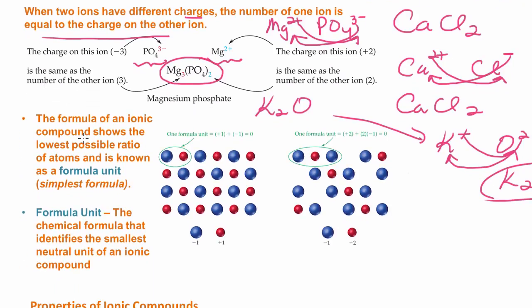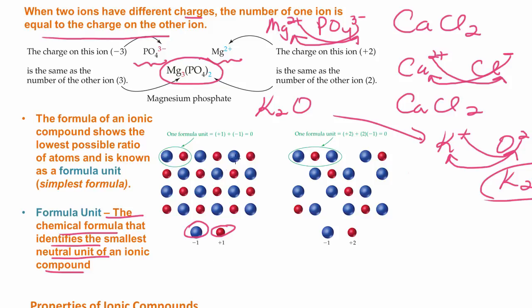The formula of the ionic compound shows the lowest possible ratio of atoms, and we call that the simplest formula, or the formula unit. So the formula unit is the chemical formula that identifies the smallest neutral unit of an ionic compound. In this case here, the blue spheres represent a -1, the red sphere is a +1.